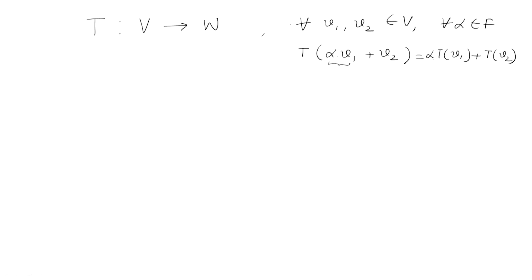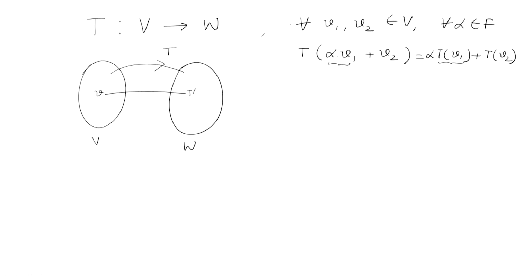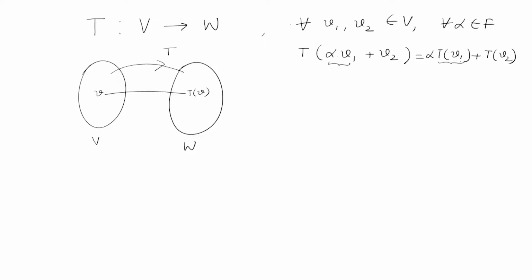Similarly, this T V1 is an element of W. We have vector space V, we have vector space W, and we define a linear transformation T from V to W. If we have any element, say V, here, the image of this element in W is simply T V. So this T V is an element of the vector space W, and this T V2 is also an element of W. So alpha times T of V1 means scalar multiplication of alpha with an element of W. Again, it is understood that this is alpha dot T of V1.